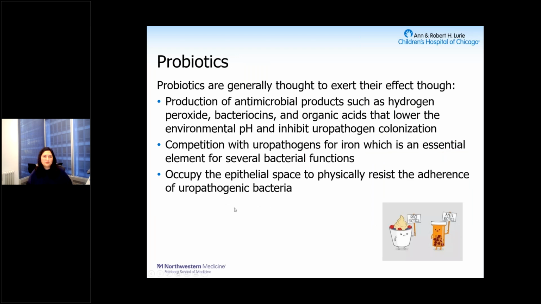Briefly, what are some of the other measures? They're under study right now, and there is some anecdotal evidence that they might work, even though the studies are not great. One of them is probiotics. The way they work is that they produce antimicrobial products such as hydrogen peroxide, and they alter the microbiome of the gut in the child.